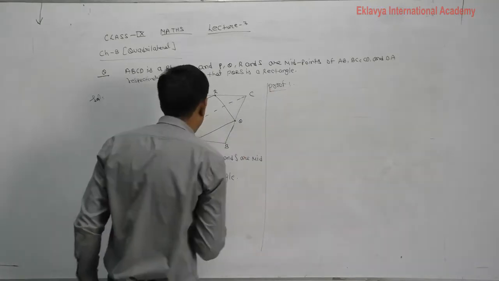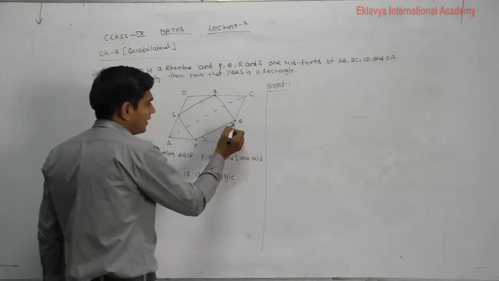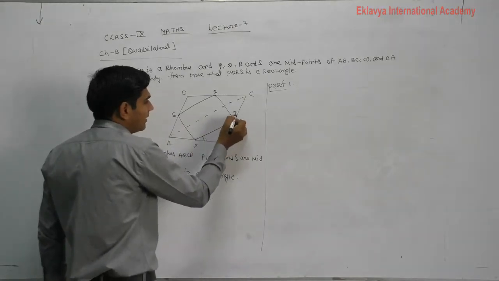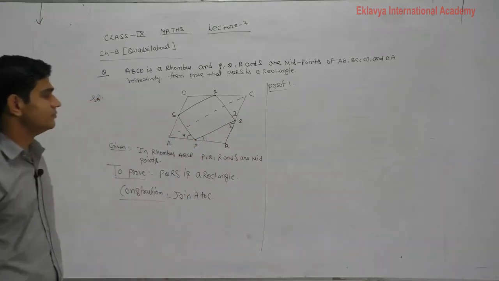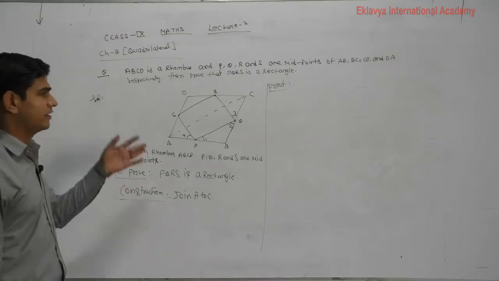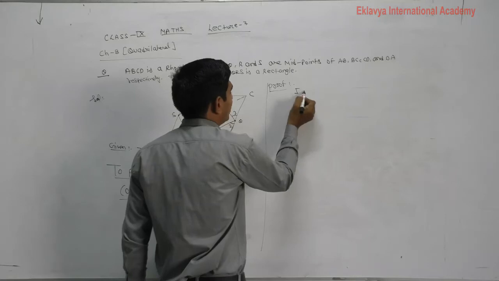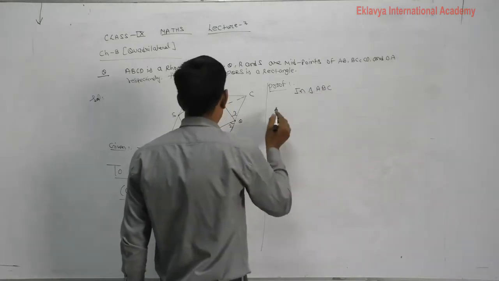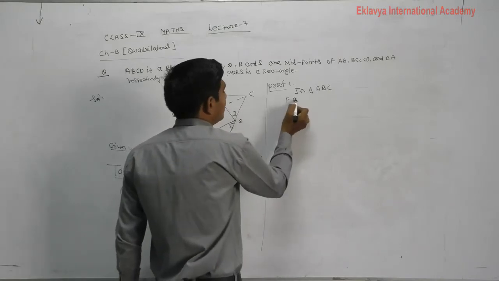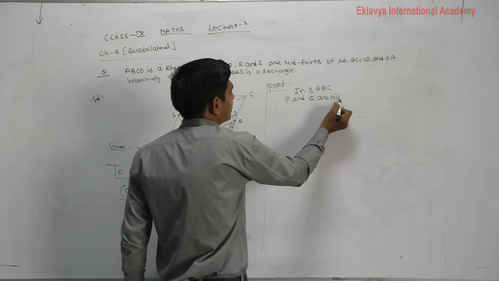We will consider angle 1, angle 2, angle 3 and angle 4. So how will we prove it? Firstly we will prove that PQRS is a parallelogram. In triangle ABC, P and Q are midpoints.